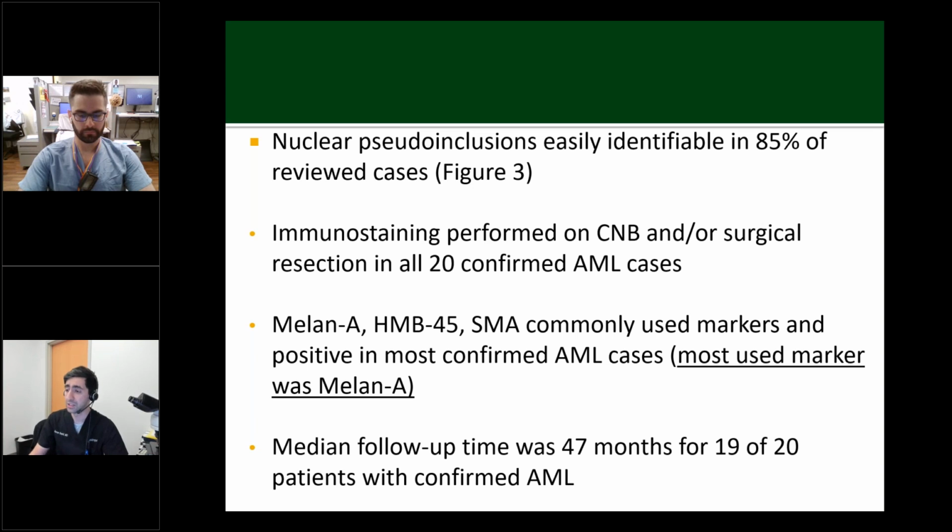The most used marker in the papers was melan A. The median follow-up time was 47 months for 19 of the 20 patients with confirmed angiomyolipoma.